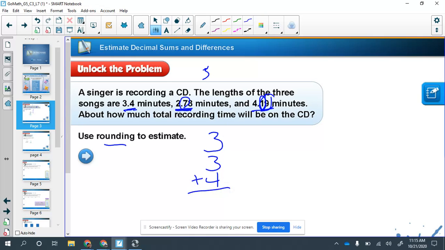Then we're going to add these together. 3 plus 3 is 6, plus 4 is 10. So again, we're using rounding to estimate, and we're rounding to the nearest whole number when we're doing this. So we're going to look at about 10 minutes of music on this CD. So that's how we're going to round.